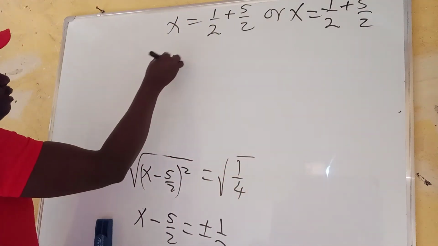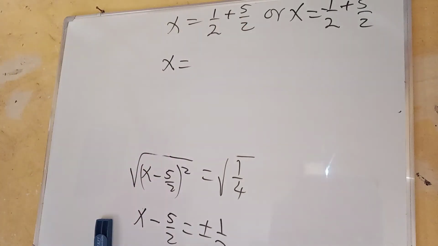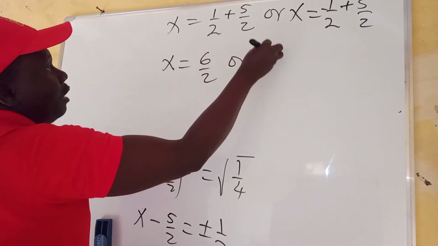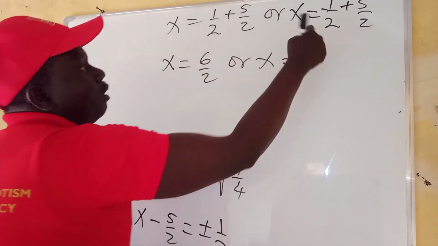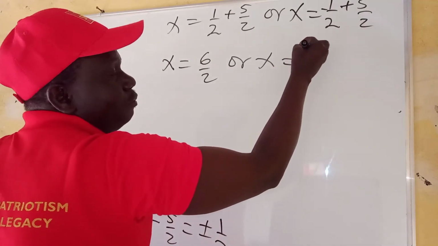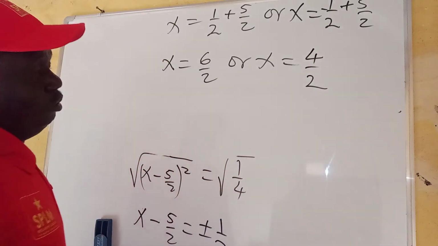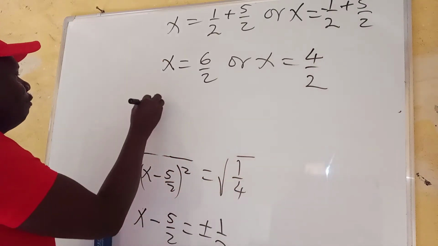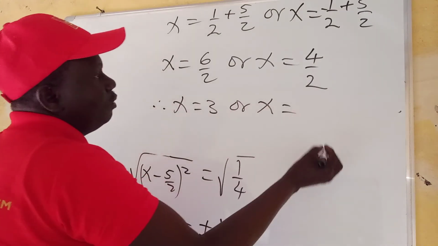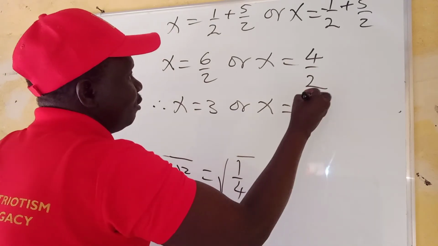Now what do we get? Half plus 5 over 2 is 6 over 2, or x is equal to negative half plus 5 over 2, that is 4 over 2. Therefore x is equal to 3 or x is equal to 2.